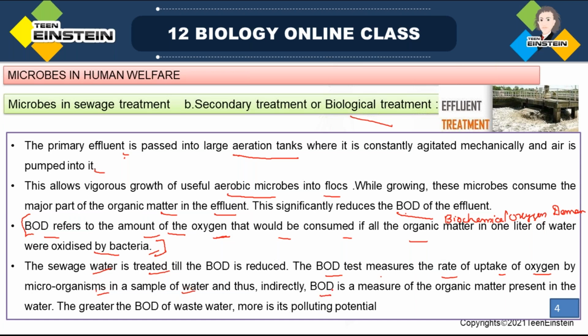So what is biochemical oxygen demand measuring? It is measuring the organic matter which is present in the water. Okay, the amount of organic matter present in the water is measured by this BOD test. So when the BOD of that wastewater is greater, the polluting material present in that water is more.